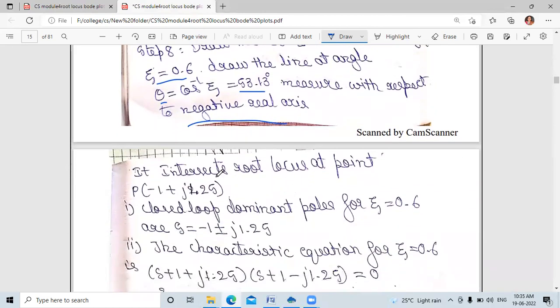It intersects the root locus at the point minus 1 plus j 1.25. The closed loop dominant poles for zeta 0.6 are s equals minus 1 plus or minus j 1.25.